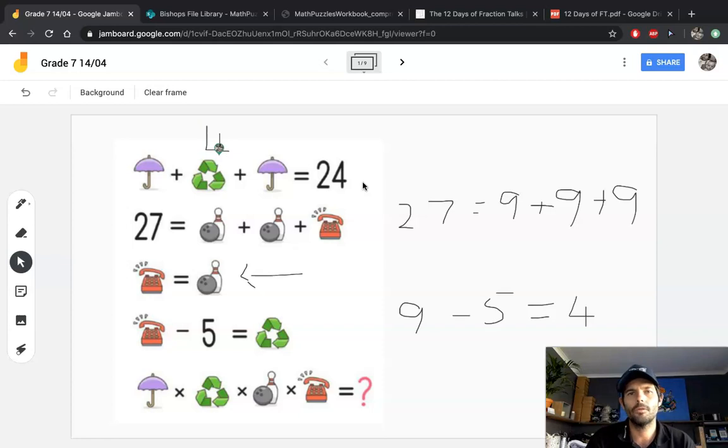So what do I add to 4 to get to 24? And both those values need to be the same. So yes, you are quite correct in saying it's 10. That is equal to the 24.